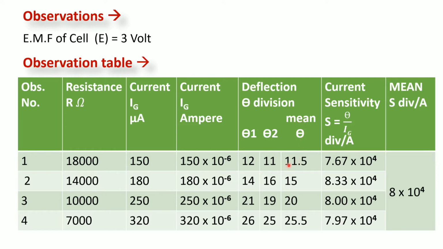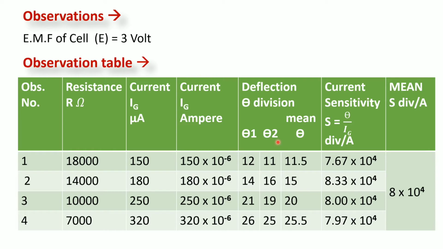We have found the average of the two here, and in the calculation we have taken the average deflection. Clear? So we have calculated the current sensitivity by using the formula theta upon Ig. These are the 4 different values of current sensitivity, which are nearly constant. We add these four and divide by 4, and you will get the mean current sensitivity, which is 8 into 10 raised to 4 divisions per ampere. So this is the value of current sensitivity by calculation.